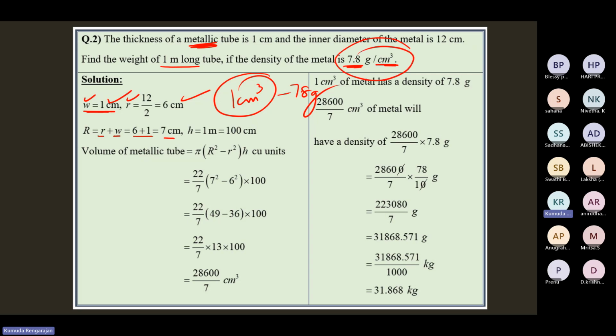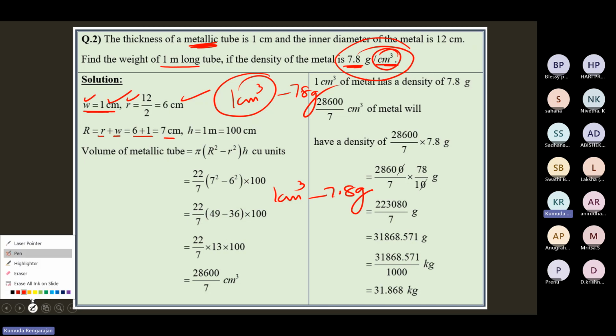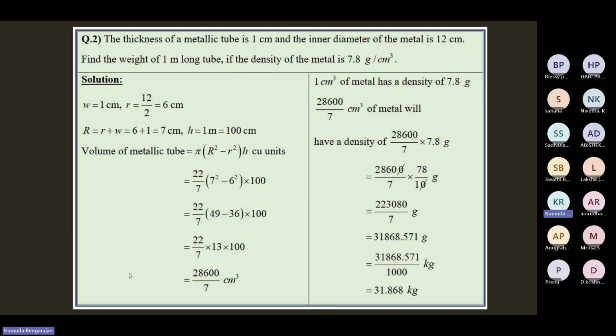Since it is centimeter cube here, it's very clear that you have to find the volume of this tube. So volume formula, pi into R square minus r square into h, substitute the values, and here is the answer.